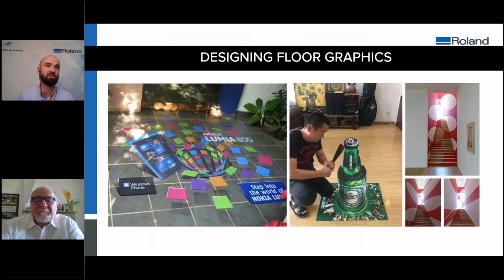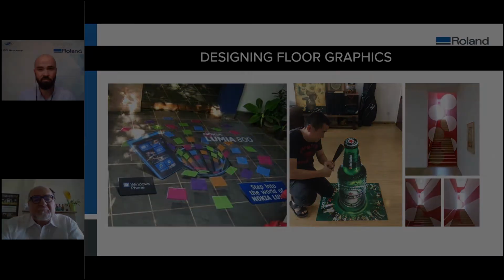As you can see on the image on the left-hand side, adding a drop shadow to your graphics makes them really stand out. And then all the way up to full anamorphic graphics like that red circular graphic on the right-hand side, which is utilizing floor, wall, and ceiling graphics to create an illusion from a specific viewpoint.